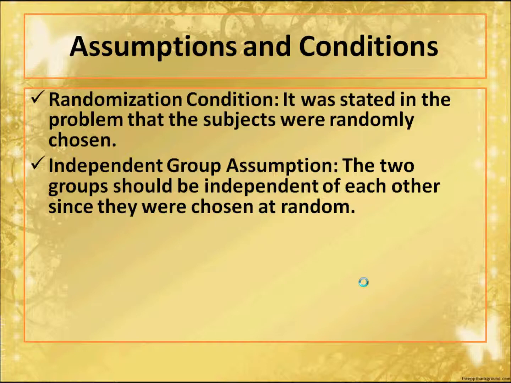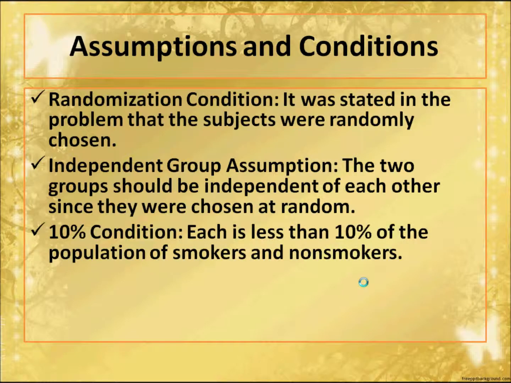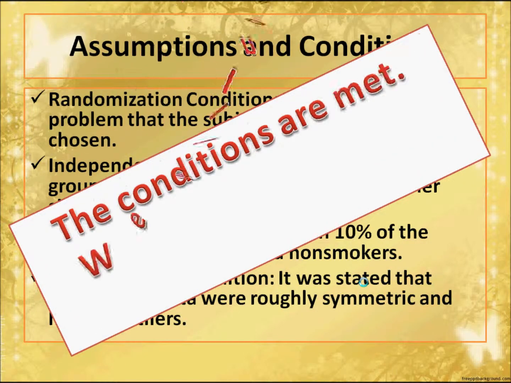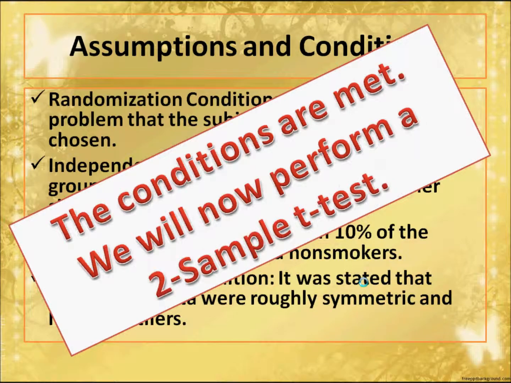Independent group assumption: the two groups should be independent of each other since they were chosen at random. 10% condition: each group is less than 10% of the population of smokers and non-smokers, so I do the 10% condition on each one. Nearly normal condition: it was stated that both sets were roughly symmetric and had no outliers. Now that I've checked, my conditions are met and I can perform a two-sample t-test.